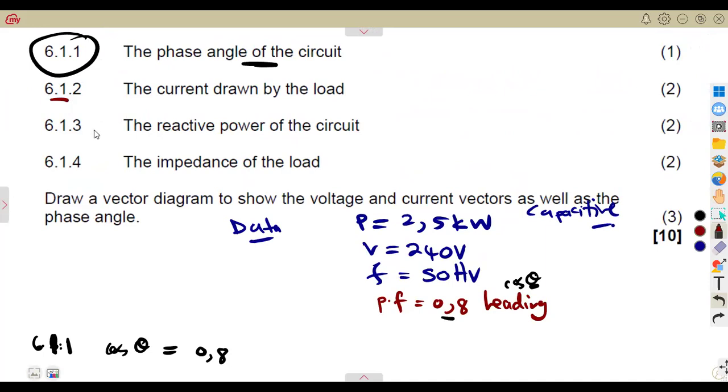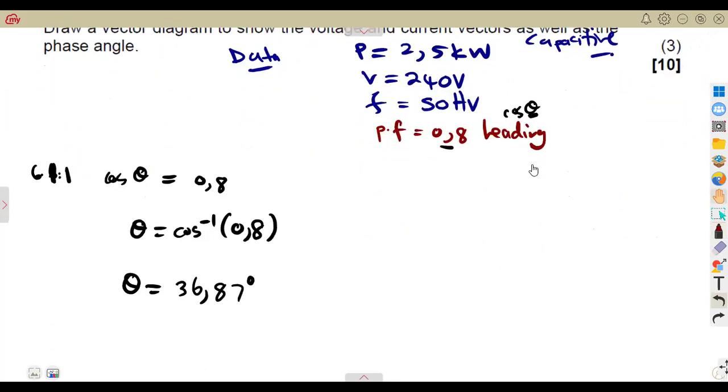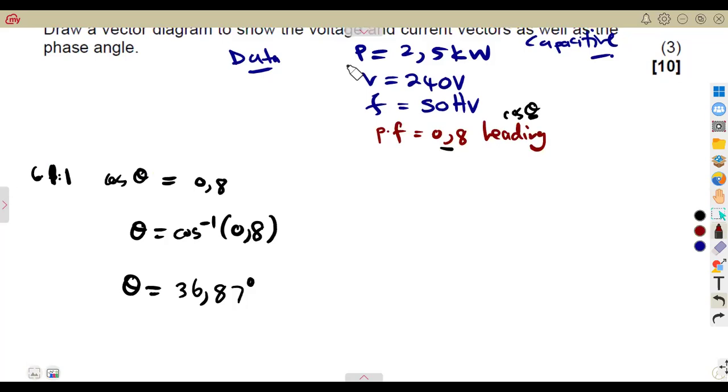6.12, the current drawn by the load. That is 2 marks, the current. Remember, we have the power and also the voltage. This is a single phase, not a 3-phase, guys.